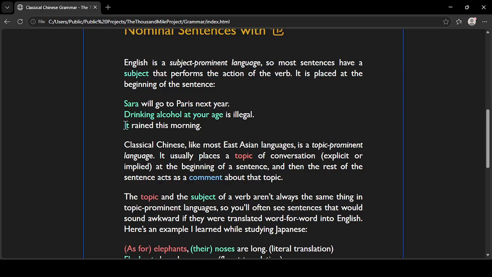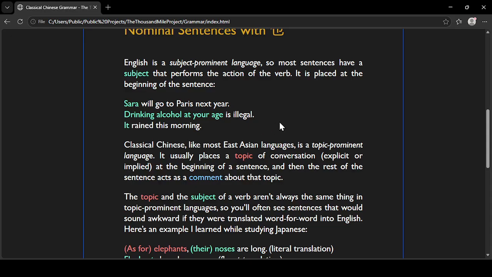As you can see, in English, because it's a subject prominent language, even though there's really nothing that's doing the raining, it's just describing that rain is happening, it's still necessary for the sentence to make sense for there to be a subject inserted. So the dummy subject it is inserted.